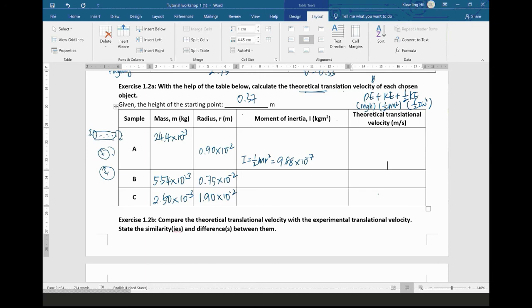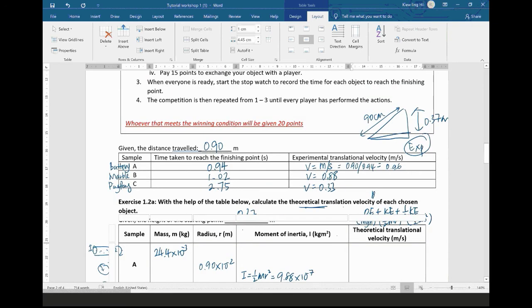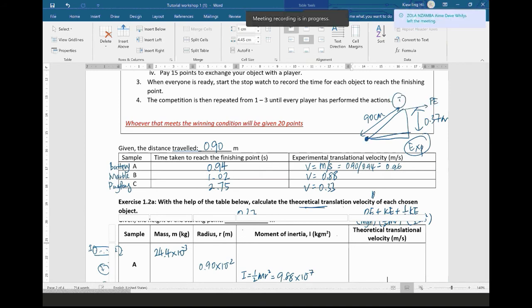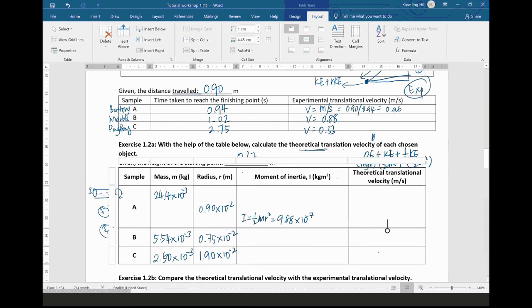When it is not moving. When you just reach the bottom here, there is no more potential energy, but left only kinetic energy and rotational kinetic energy. So potential energy, which is mgh, equals kinetic energy plus rotational kinetic energy. Okay, simplify the equation.